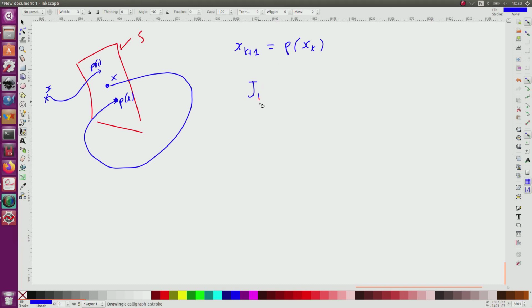The Jacobian matrix of P at point x is equal to the derivative of P1, because I recall in my situation I am in R3.